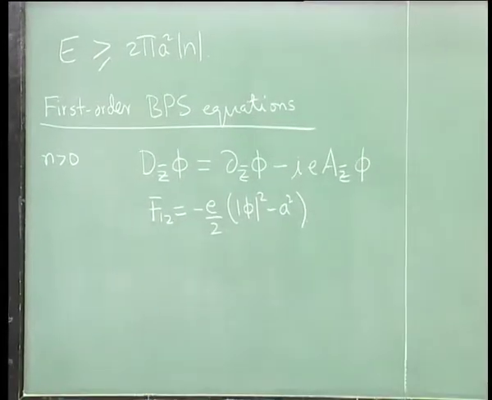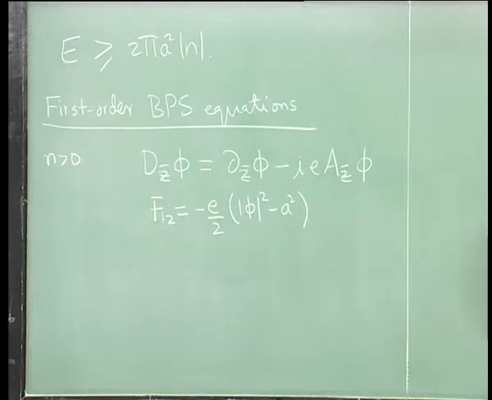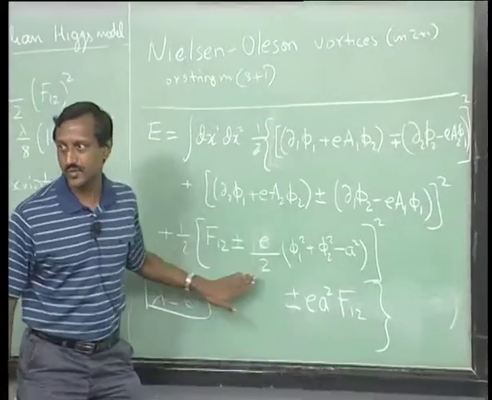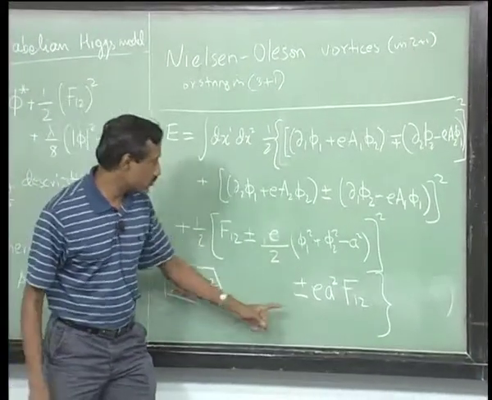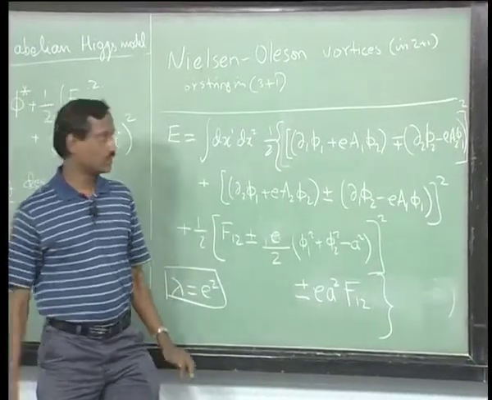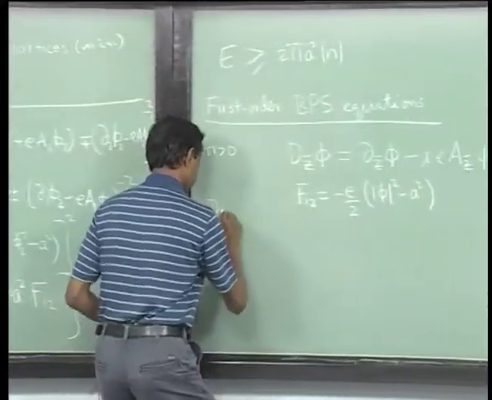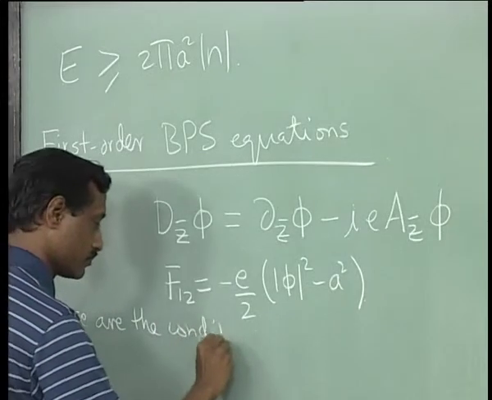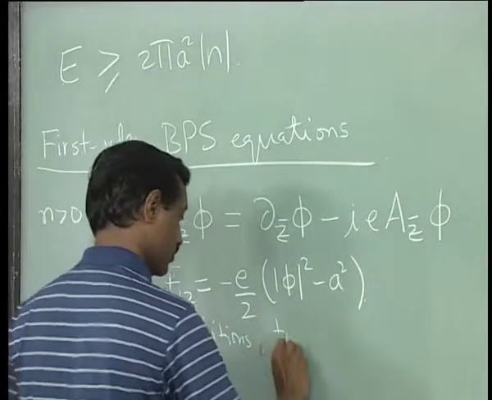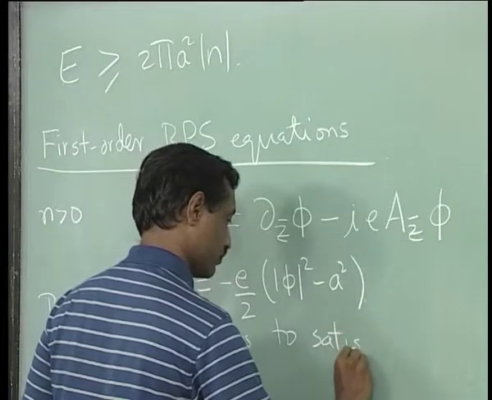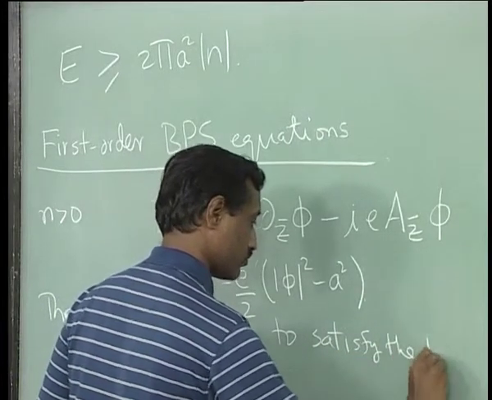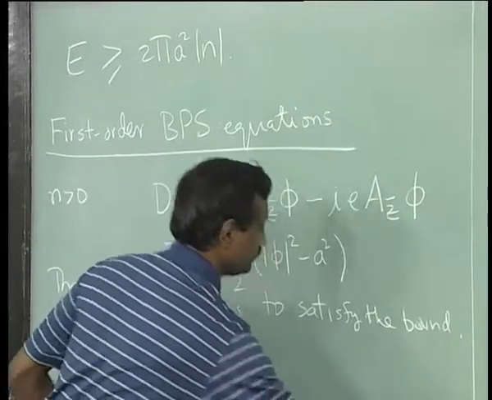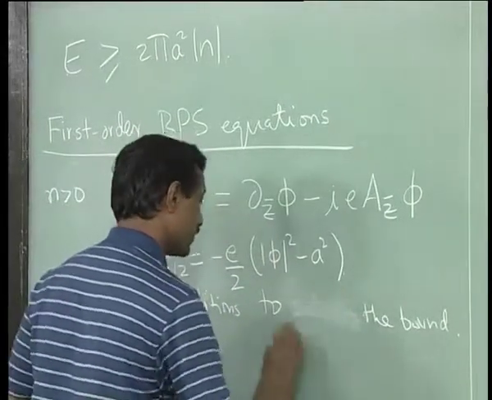So, these are the equations that you would get by setting these 2 plus these 3 squares equal to 0, that will let you saturate the bound. Okay. So, these are the conditions. Or saturate rather, everything will satisfy the bound, but.